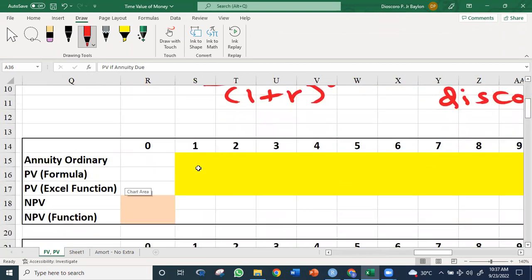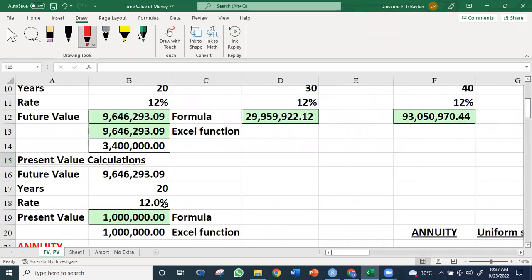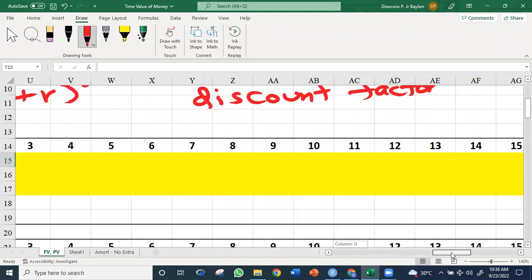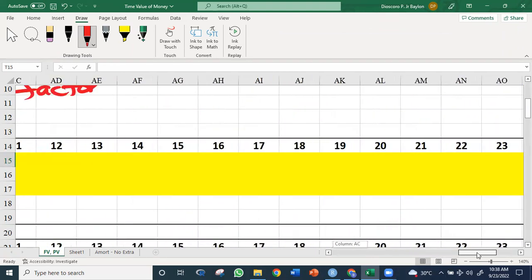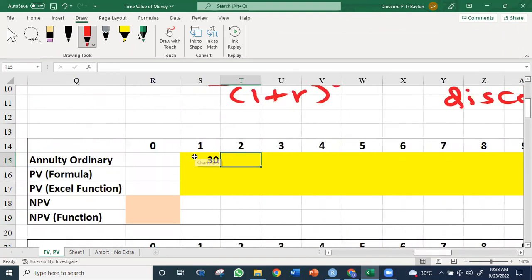Our annuity is 30,000. So let me just type 30, for the next how many years? 20 years. Okay, sorry about that.